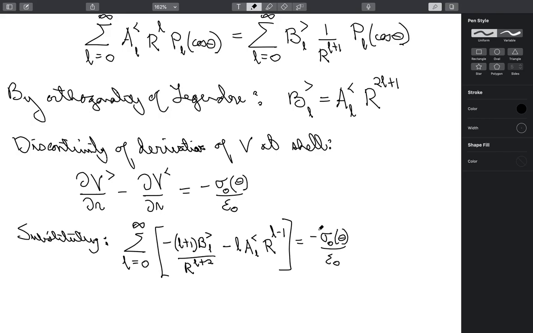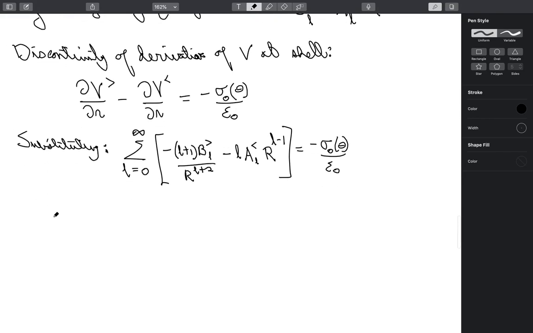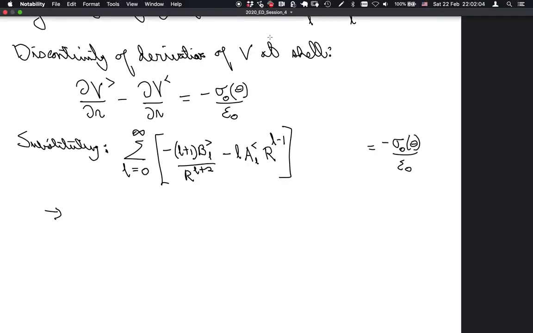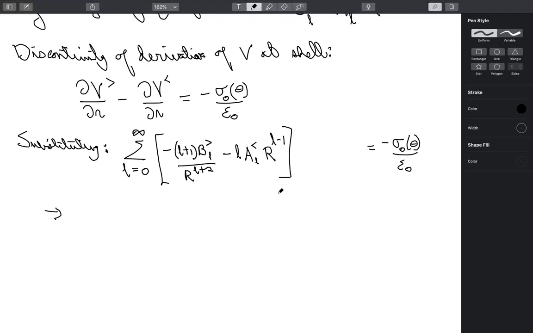Okay, so we can just do the algebra. Sorry, I forgot of course the Legendre polynomial itself. So let me do this little magic of moving this thing. Very handy. So times PL of cos theta should equal this.